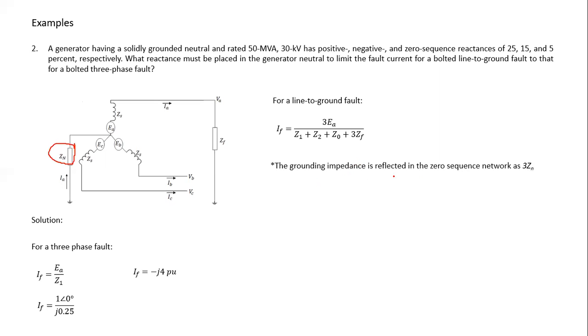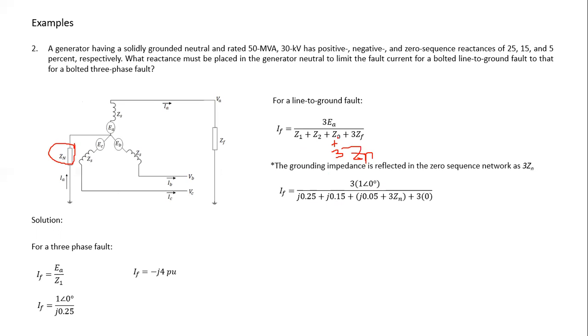So the grounding impedance is reflected in the zero sequence network as 3ZN. We substitute the given: 3 multiplied by 1 angle 0, and then j 0.25 for Z1 and j 0.15 for Z2.